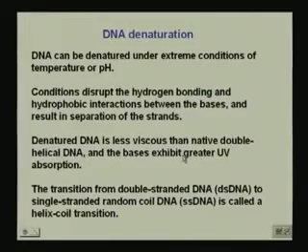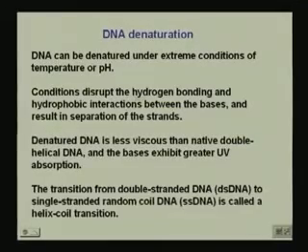Okay. Now, how can DNA be denatured? DNA can be denatured under extreme conditions of temperature or pH. We want to disrupt any of the interactions that are responsible for stabilizing DNA, as simple as that.